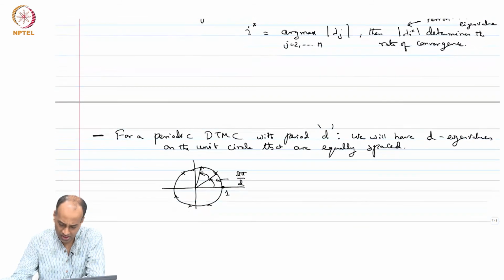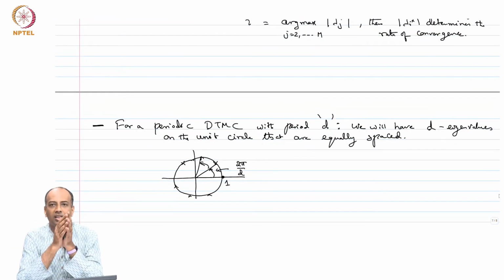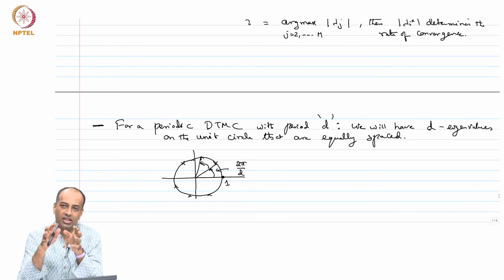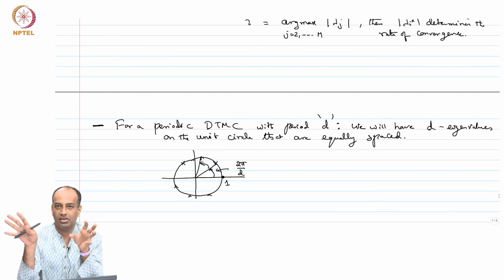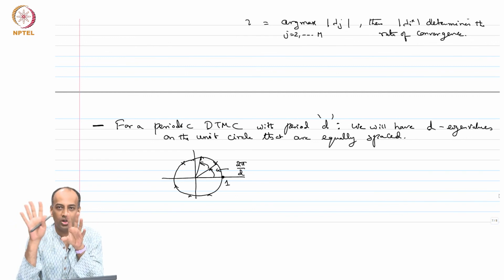The way you prove this is using the fact that in a period d Markov chain, you can partition the states into d separate subsets, where all the transitions go from S0 to S1, S1 to S2, and so on till S d minus 1 to S0.